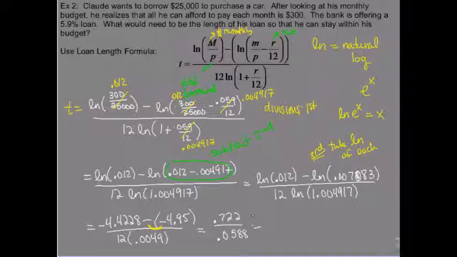This is a negative, and then you have two negatives, which makes that a positive. So it'd be negative 0.722. No, it's positive, because I did minus plus. That became a plus. And so you get 12.3 years.